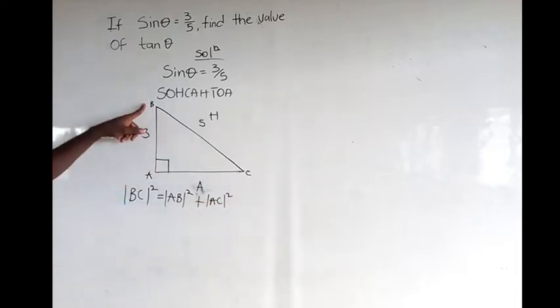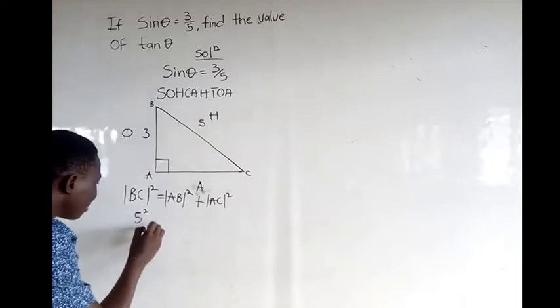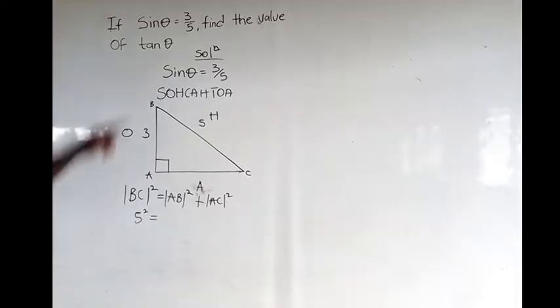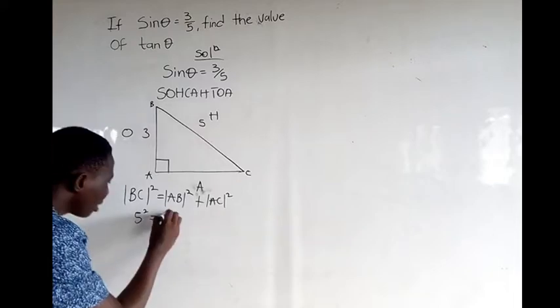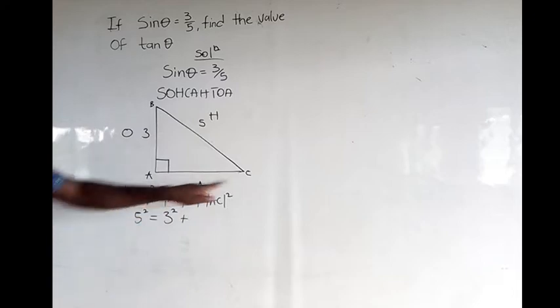And then from here, the hypotenuse, which is the BC, is 5. So we're going to get 5 squared is equal to AB. We have AB to be 3, so 3 squared plus, we don't know AC. This is the side that we are looking for.